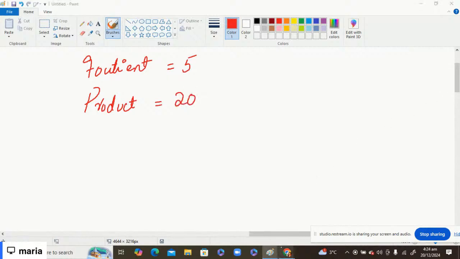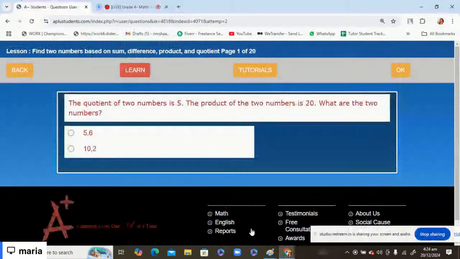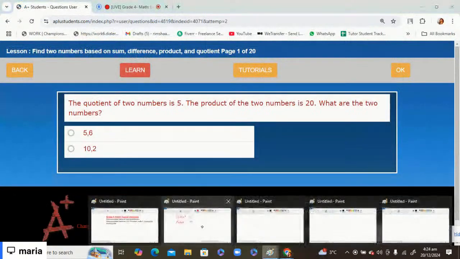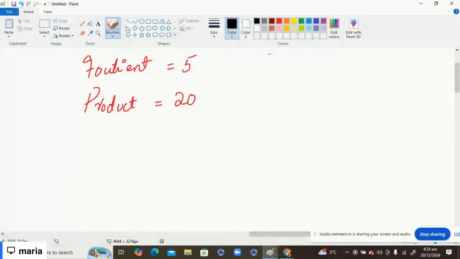What are the two numbers? The numbers given are 5 and 6, 10 and 2.